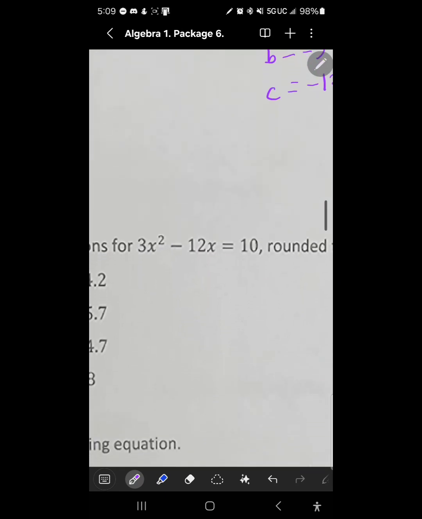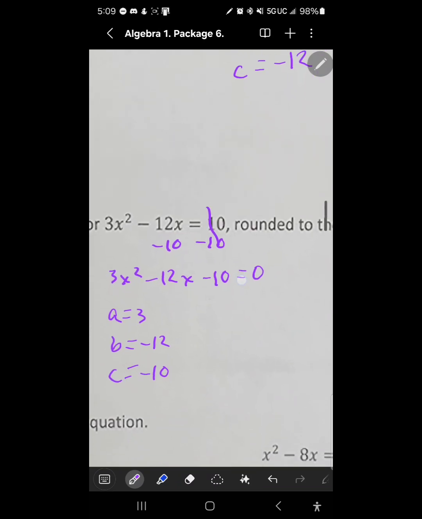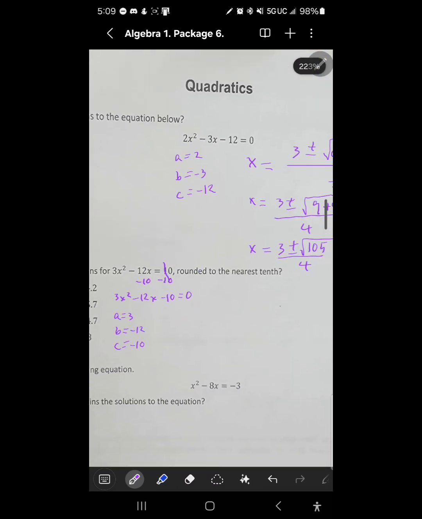Something important about the quadratic formula is that the equation needs to be equal to 0. So we need to make this equal 0. I'm going to subtract 10 from both sides. This is going to cancel out. And we have 3x squared minus 12x minus 10 equals 0. So a will be equal to 3, b will be equal to negative 12, and c will be equal to negative 10.